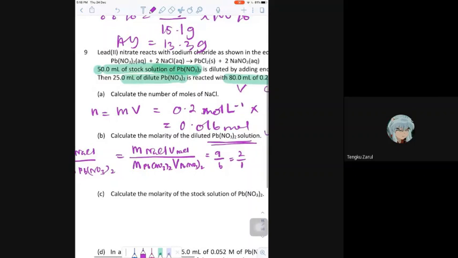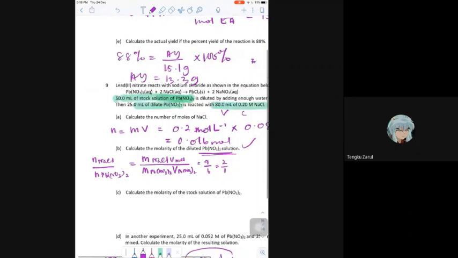So we have calculated the mole of the NaCl. The top part is already solved. From the equation we also know that the volume of the PbNO3 that is used is 25 ml. A and b are also solved. So we just want to get the molarity of the lead nitrate.